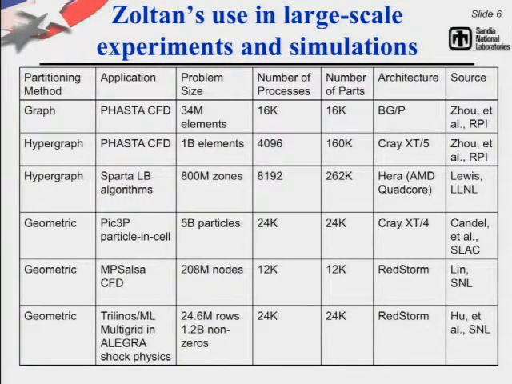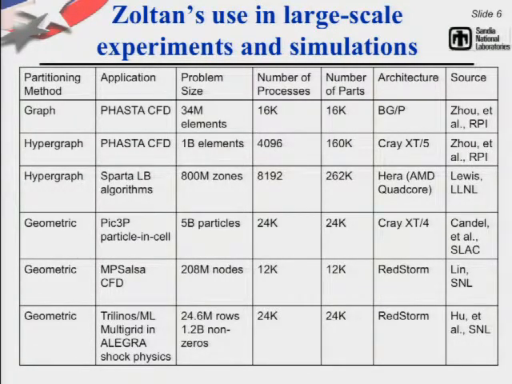Just as one example, as you can see, the number of processors can go up to, I think we run even more actually, 24,000. Oh, okay. Over here, I see even 160,000.